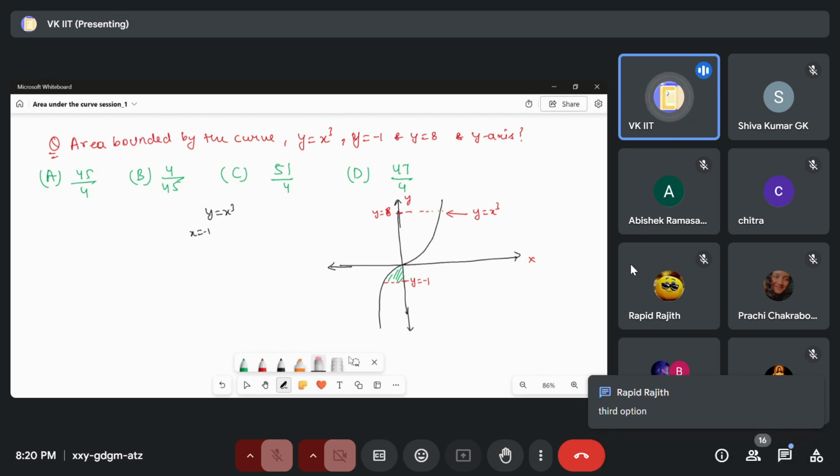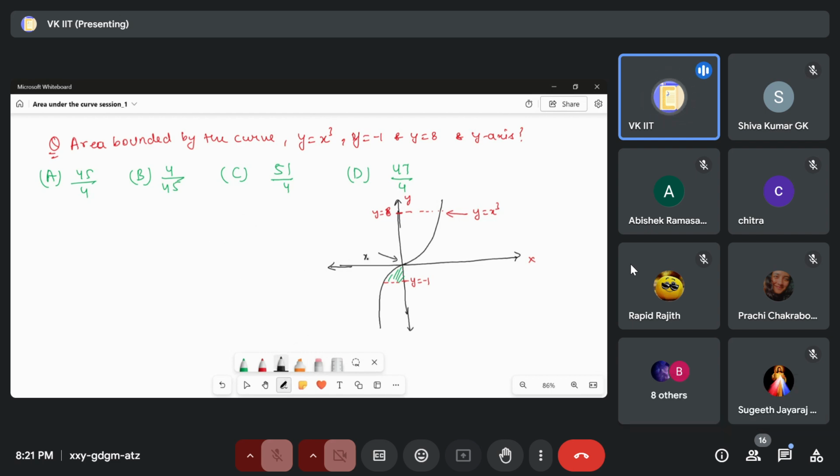Yes, there's a possibility that you can take the vertical strip also. But there will be one more task added for you: you have to find out the limits. First limit you already know, that is here x is 0 and y is 0, but the other limit you have to find out.